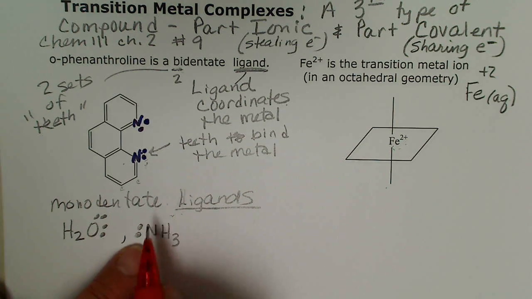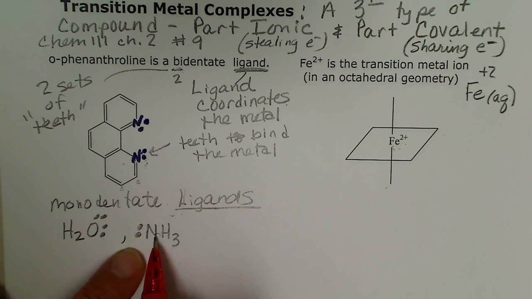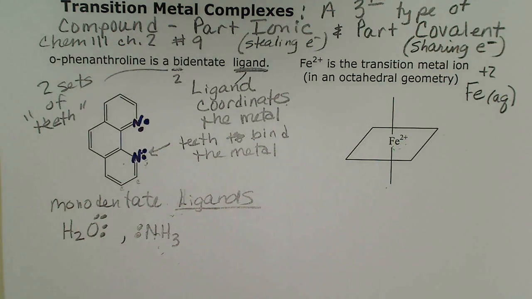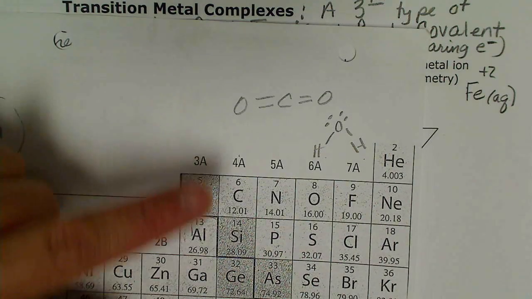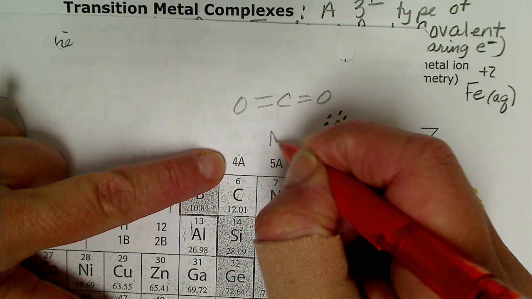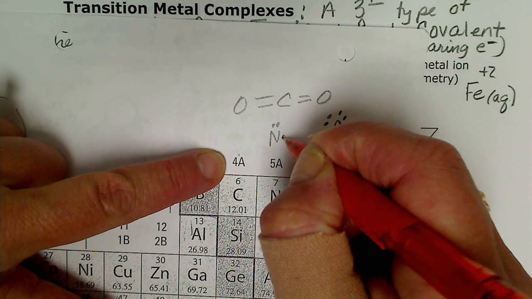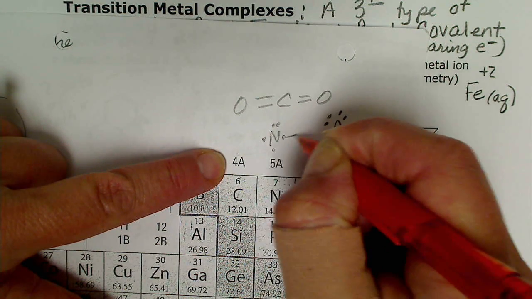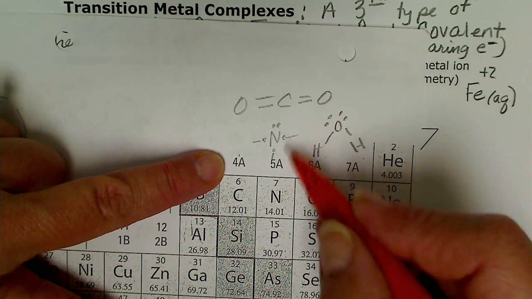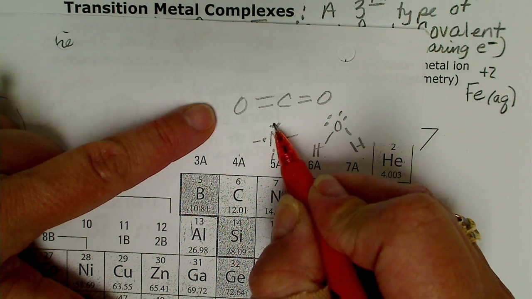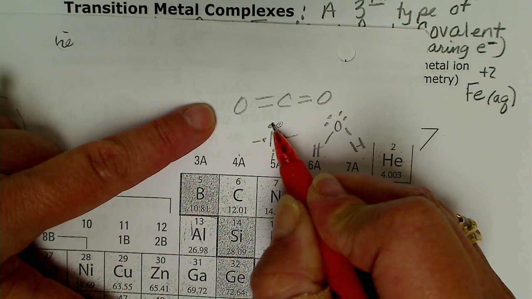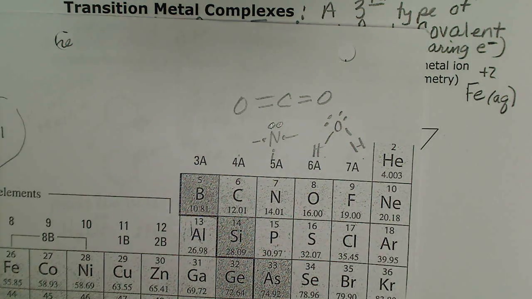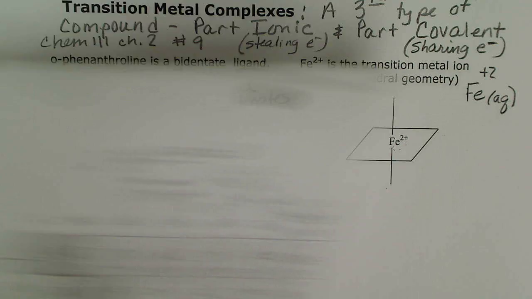Ammonia, or any amine group, almost all the time, we'll find that nitrogen has a lone pair because of its position on the periodic table. So nitrogen has 5 valence electrons around it. So it's very happy to have 3 bonds to it and retain its lone pair. So that's very common.